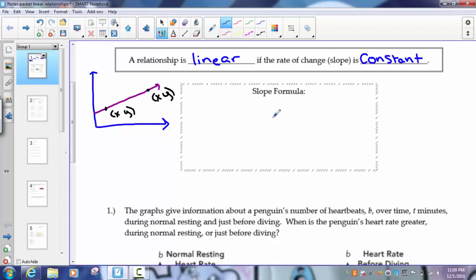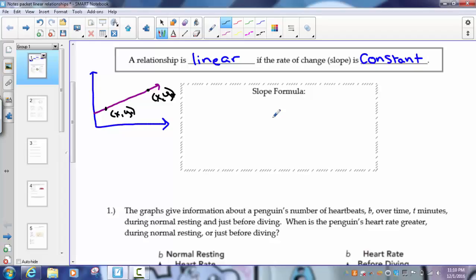If we know 2 points along the line, we can calculate the slope. We're going to call one of these points x sub 1, y sub 1, and the second point x sub 2, y sub 2. These are called subscripts to differentiate between the first point and the second point.